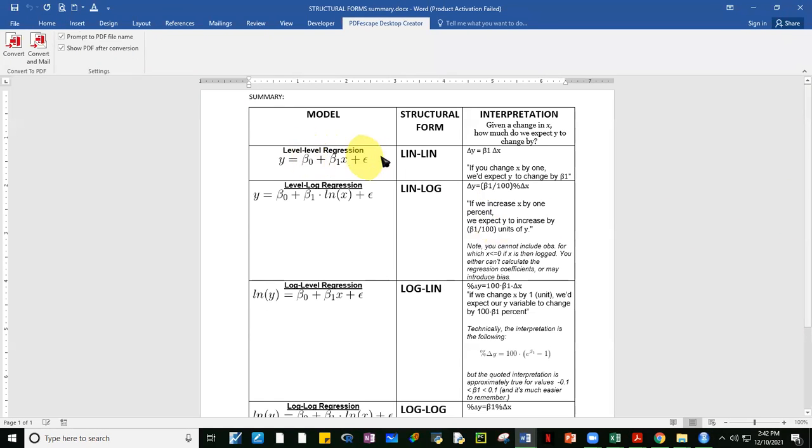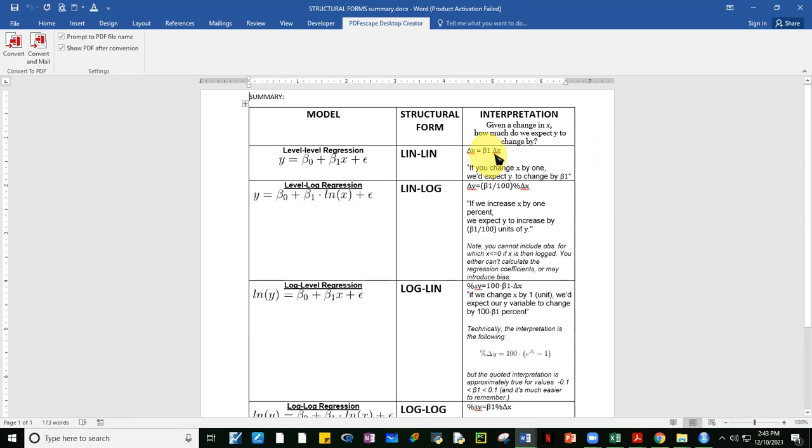Okay, structural form. Okay, lin. Ito yung lin, no? Y is equal to beta null plus beta 1x plus your error term. Linear. Walang nakalog. So, ano interpretation nito? Interpretation, given 1 unit change in x, how do we expect y to change? Okay, so ito yung delta y, change in y, is equal to beta 1 change in x.